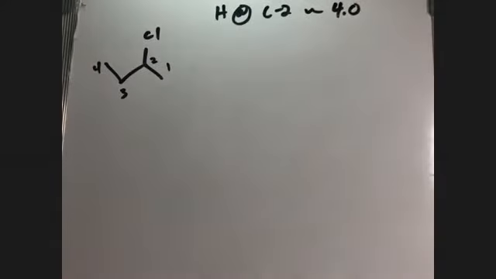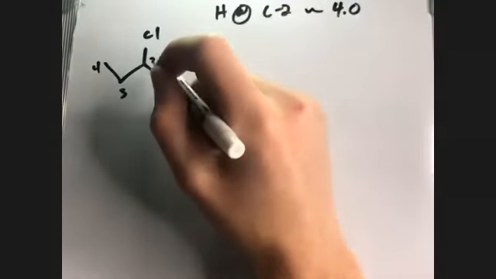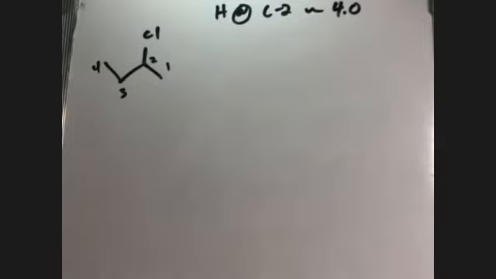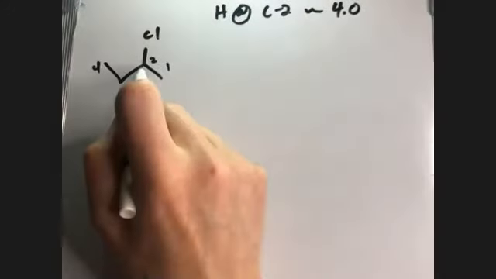And again, from everything we already determined, it should be a sextet, and there are 2 hydrogens that it'll integrate to. Okay, and now we have to think about carbons 1 and 3. Carbons 1 and 3 are adjacent to the carbon that's bound to the chlorine, so they're adjacent to carbon 2.